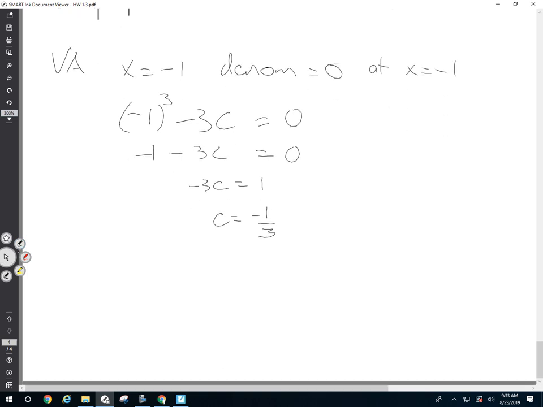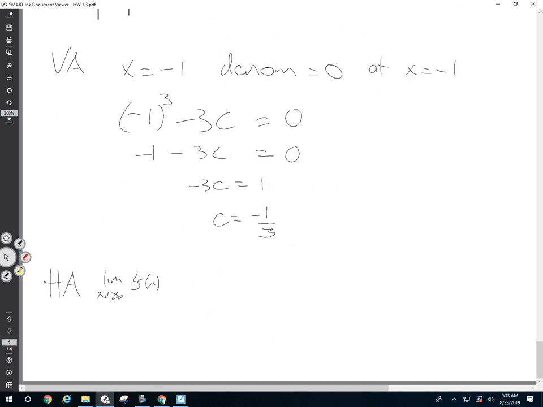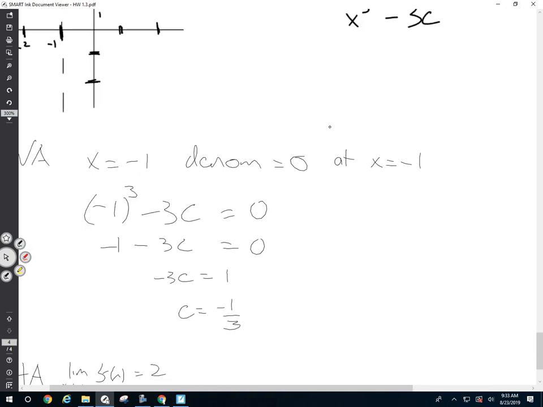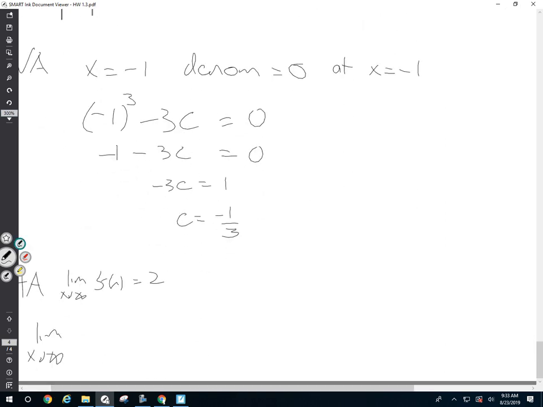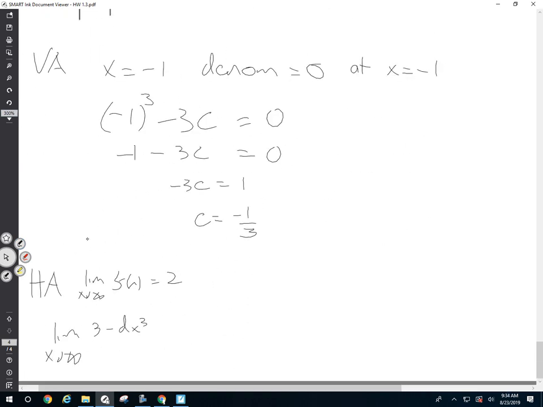And a horizontal asymptote, the limit as x approaches infinity of f of x has to equal a horizontal asymptote at y equals 2. So limit as x approaches infinity of 3 minus dx cubed over x cubed minus 3c.